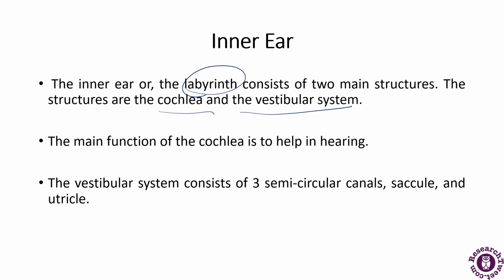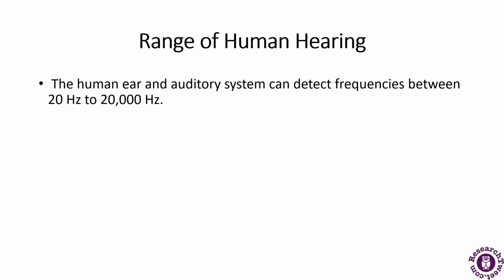The main function of the cochlea is to help in hearing. The vestibular system consists of three semicircular canals, the saccule and the utricle. So this is the inner ear.